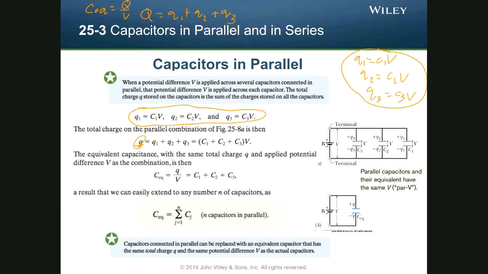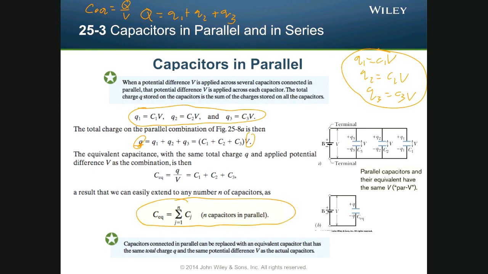We can see that C equivalent, Q over V, is just going to be equal to C1 plus C2 plus C3. So for capacitors in parallel, the rule for adding them is given by this rule here.